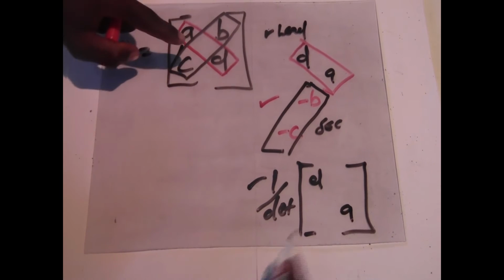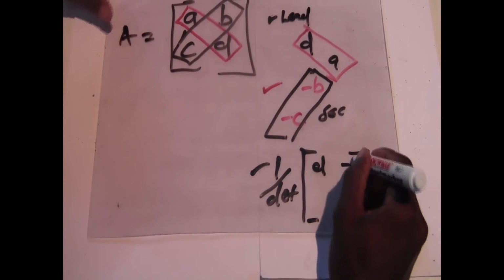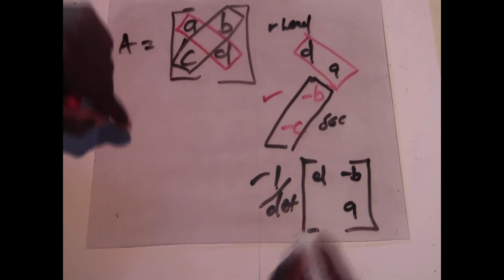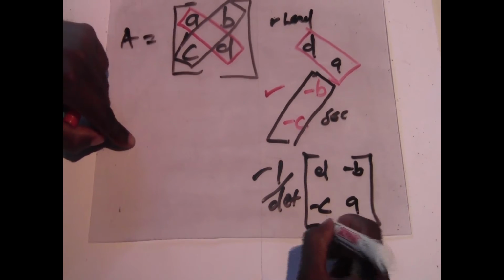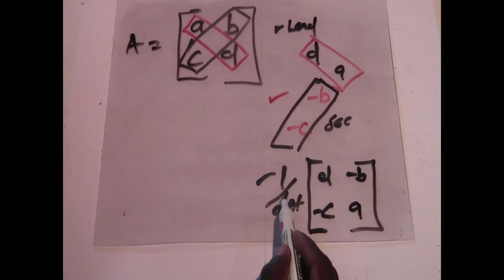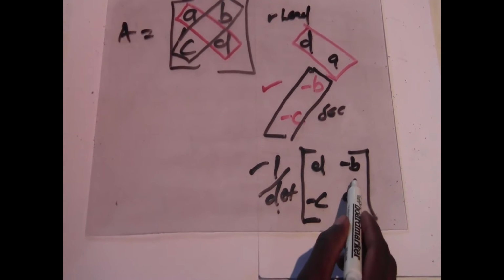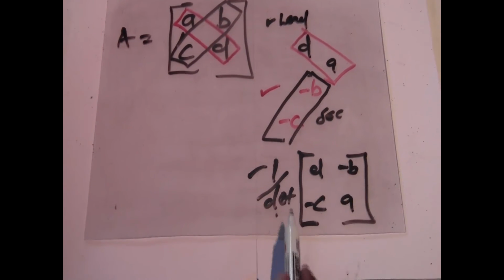So it was B, and now it's going to be negative B, and here it was C, it's going to be negative C. So you multiply 1 over the determinant of this matrix times the exchange of those elements.